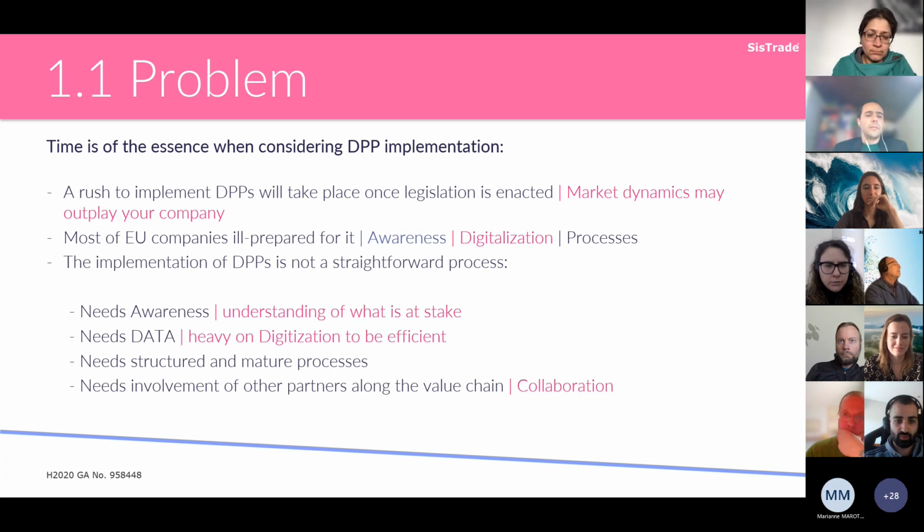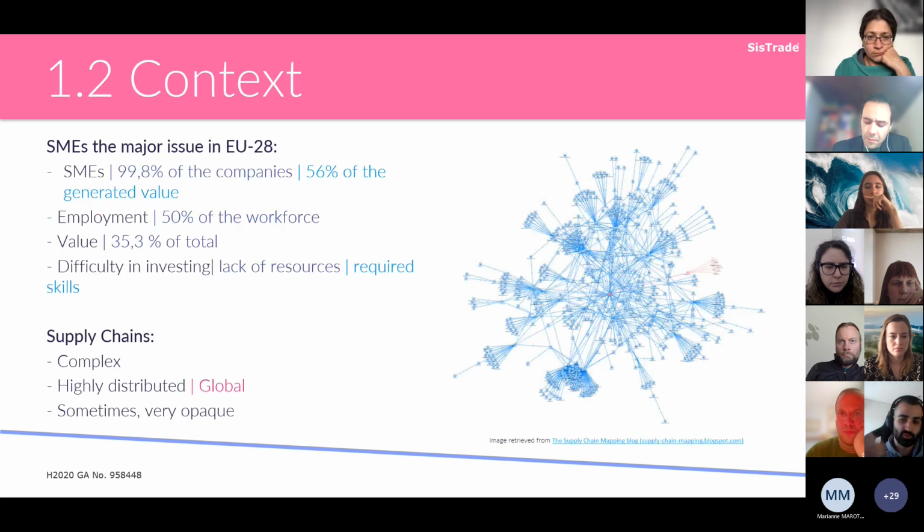The implementation of DPPs is not a straightforward process, so it needs awareness because we need to understand what is at stake. It needs data, heavy on digitalization to be efficient. Okay, and it needs structured and mature processes, and it needs involvement of the other partners along the value chain, with collaborations from suppliers to clients, etc.